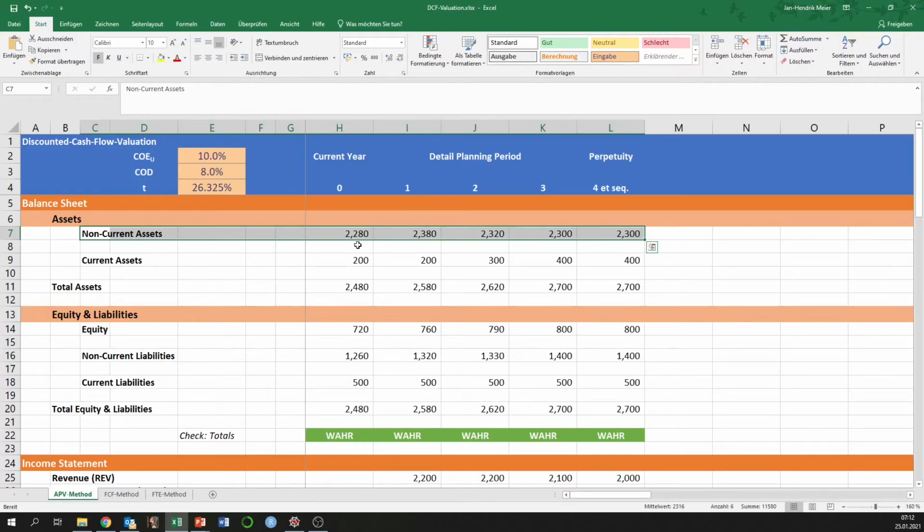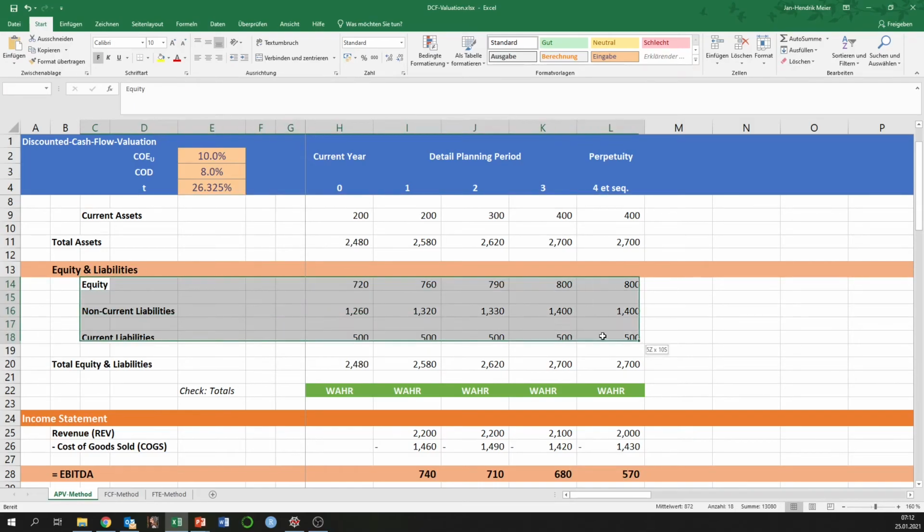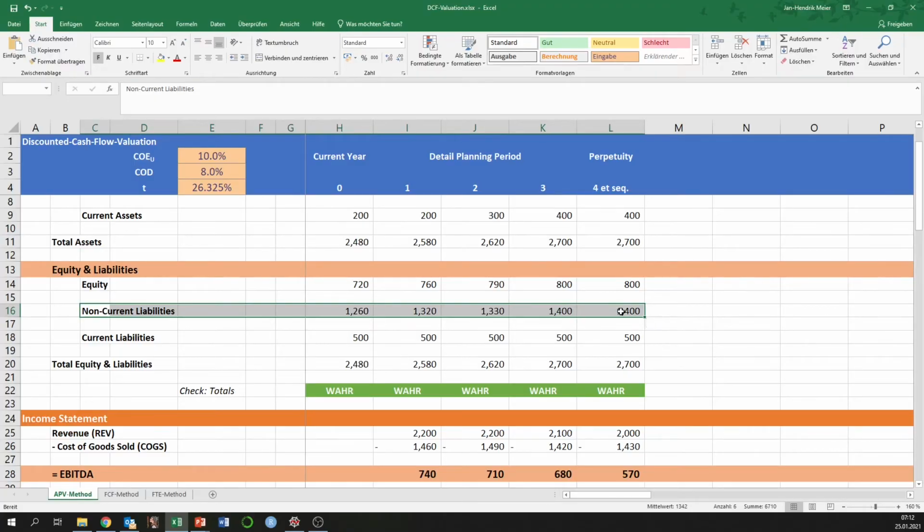That means that the change of cash is implicitly an investment into or a disinvestment out of the cash balance. Equity and liabilities, again, of course, here are the non-current liabilities, which is our debt. So interest will always be calculated on the non-current liabilities. And we see the sum, and we have checks that both balance.